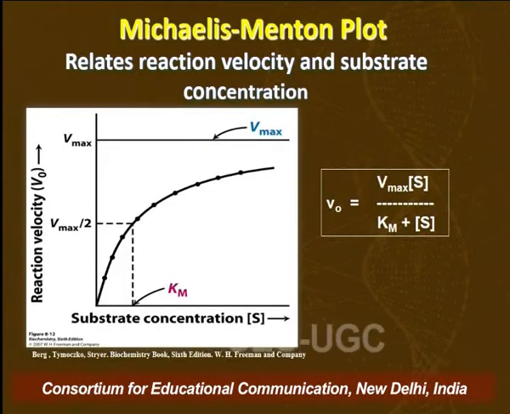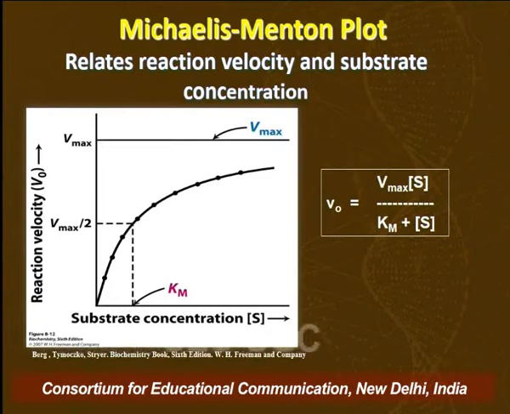Now if we see the plot, this is called the Michaelis-Menten plot, which describes this enzymatic reaction. As I told you, as the reaction initiates, there is a linear increase of the catalytic rate, so the reaction velocity increases as the substrate concentration increases.